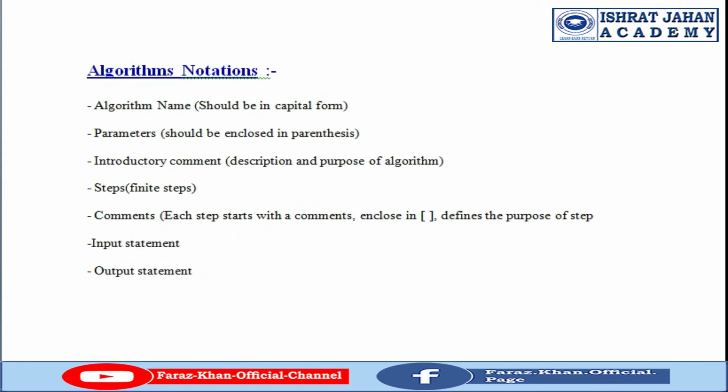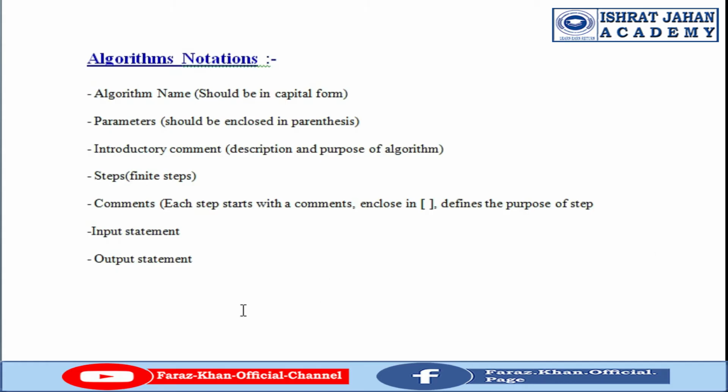Before going to a technical example of algorithm, let me explain to you a few algorithm notations. First of all, algorithm name, it should be in capital form. Parameters, it should be enclosed in parenthesis. Introductory comment, description and purpose of algorithm. Steps, finite steps.